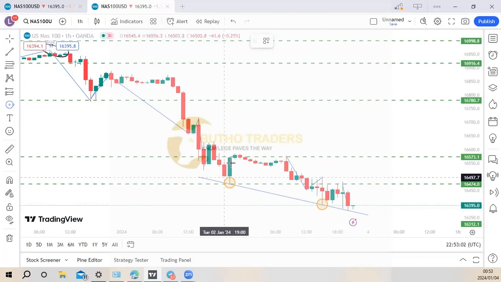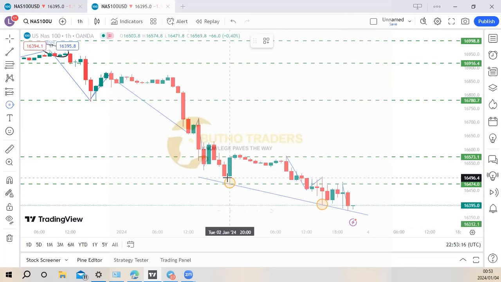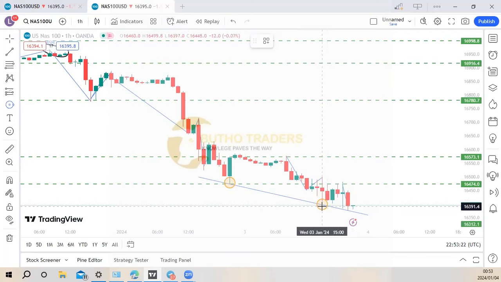The one that is shaded is the body, and this small line is called a wick. So when you're drawing your trend line, on your first 2 points, you mustn't cut the wicks of your candlestick. I'll repeat that. Don't cut the wicks of your candlestick.